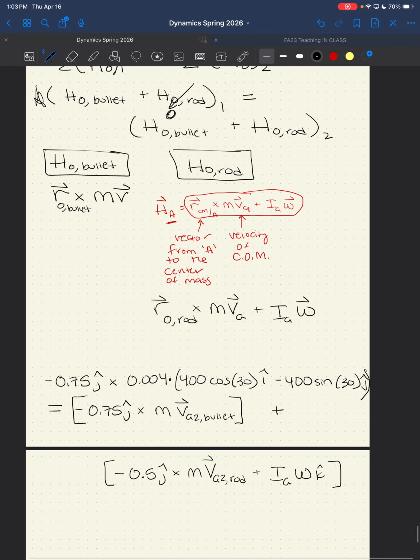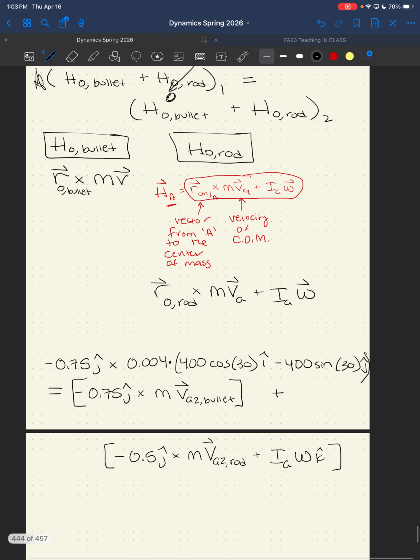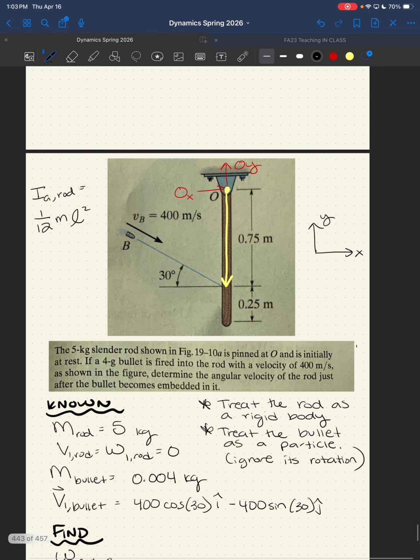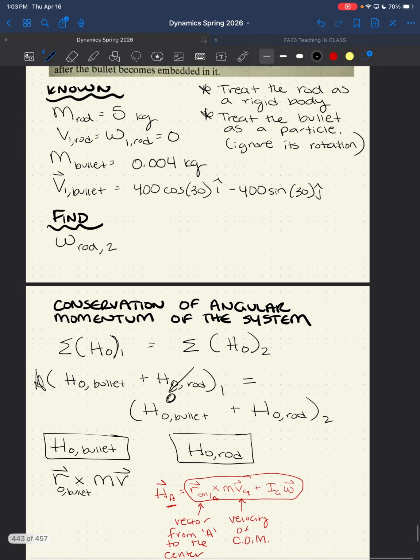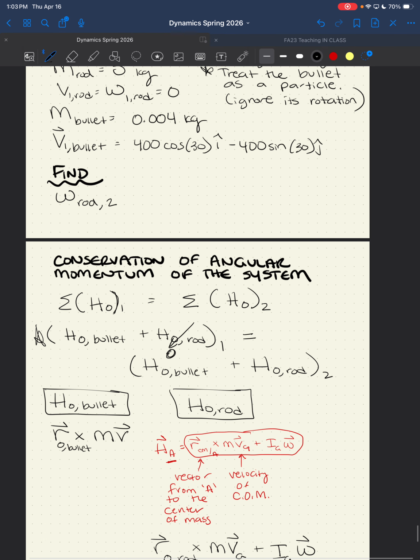The bullet is going to become embedded, and once they become embedded, it's just going to be a rigid body doing fixed axis rotation. So we can draw on those fixed axis rotation equations to say that v_G2 of the bullet should be omega 2, which is in the k hat direction, cross with the radius from the point of the fixed axis of rotation to the particle, which is down here where it becomes embedded.